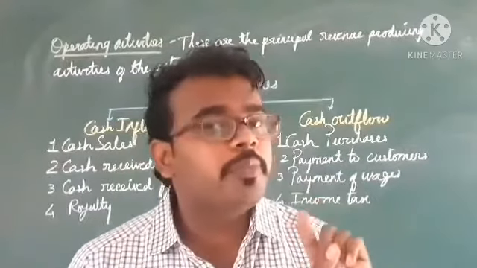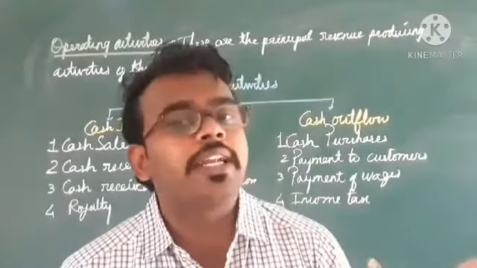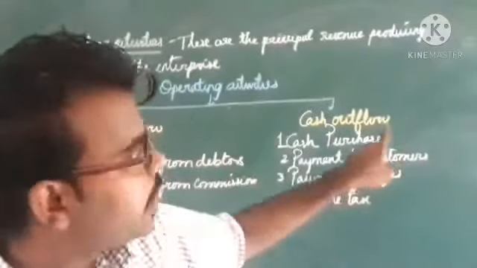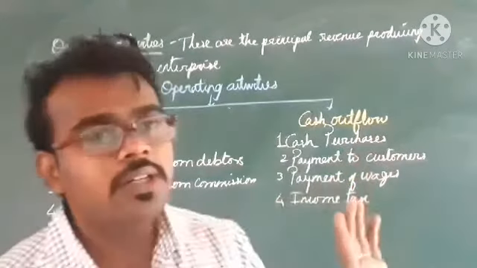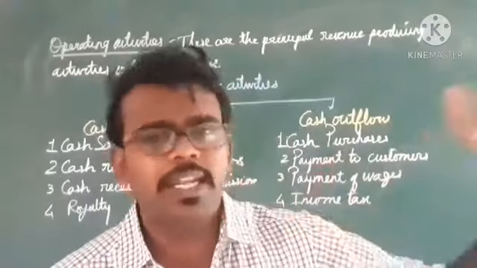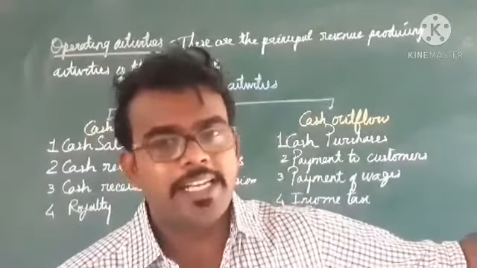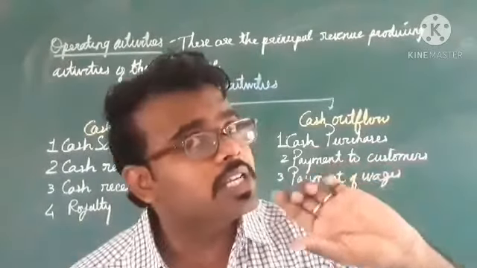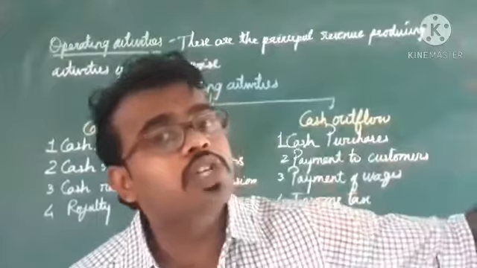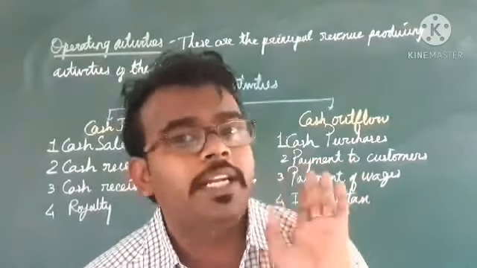Then cash payment to the creditors. That is the second example I have given there. Payment to the creditors means, for example, take the same Cello company or another book company like ITC. You are purchasing 1 lakh worth of books from the ITC company, but you are not paying cash immediately.